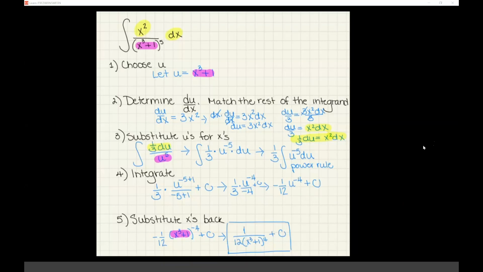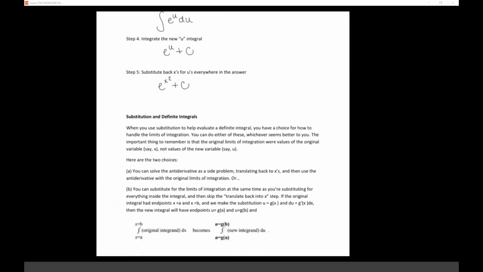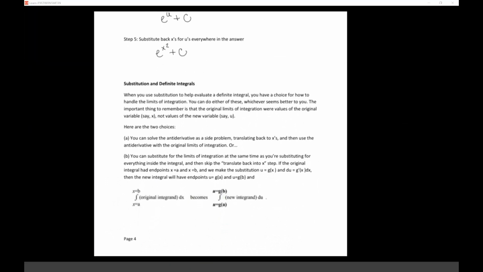Let's talk about how this generalizes to a definite integral. So let's look at definite integrals. That starts down here. When you do the substitution on a definite integral, remember those have bounds on them. They have limits on the integration.